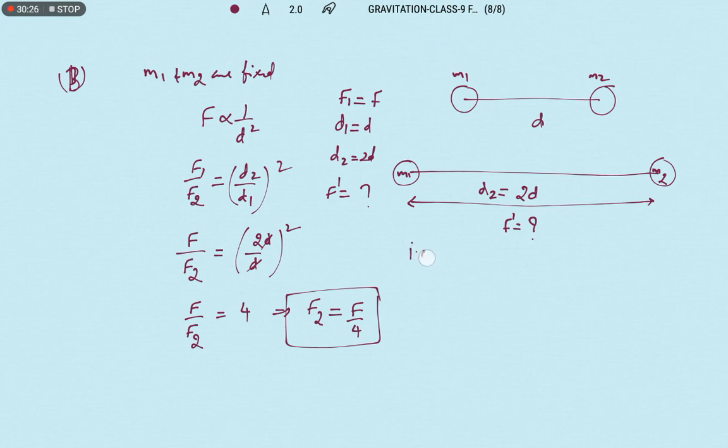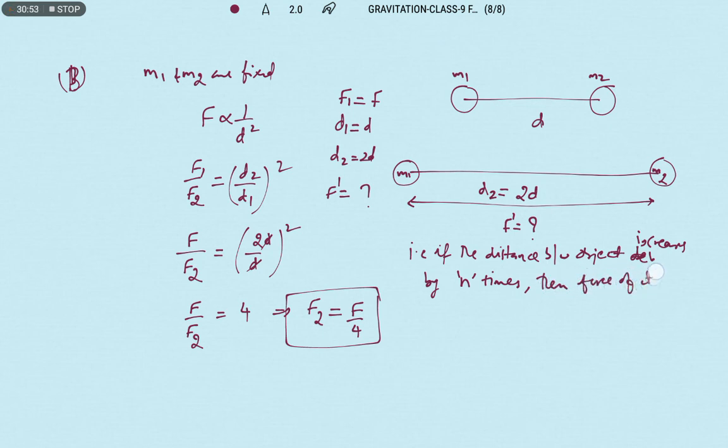That is, we can write, if the distance between objects increases by n times, then the force of attraction between them decreases by how many times? n square times.